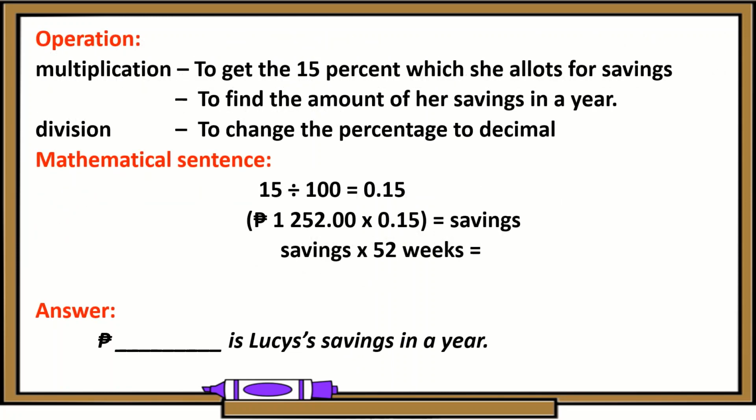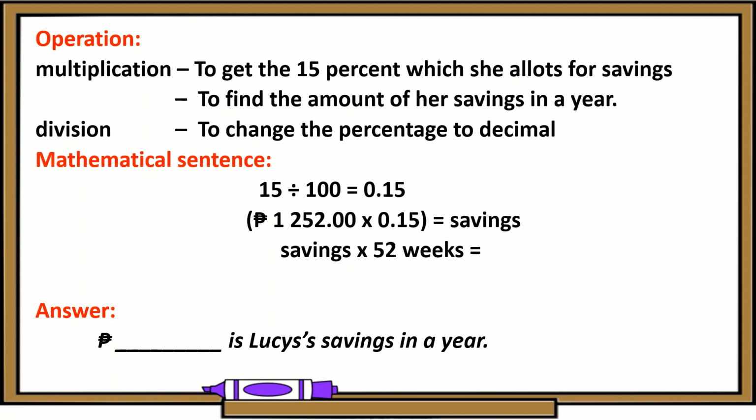At para sa operation na ating gagamitin o inyong gagamitin sa word problem number 2 ay multiplication to get the 15% which she allots for savings. And multiplication also para makuha ang amount ng kanyang savings sa buong isang taon. And you are going to use division to change the percentage to decimal.